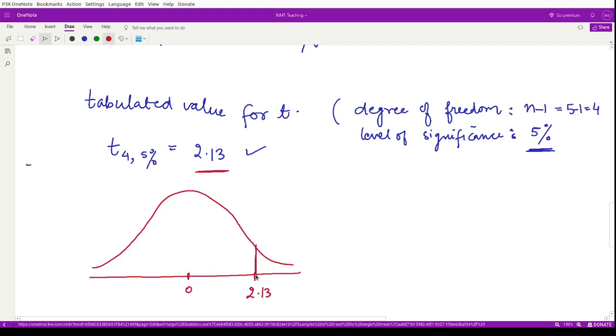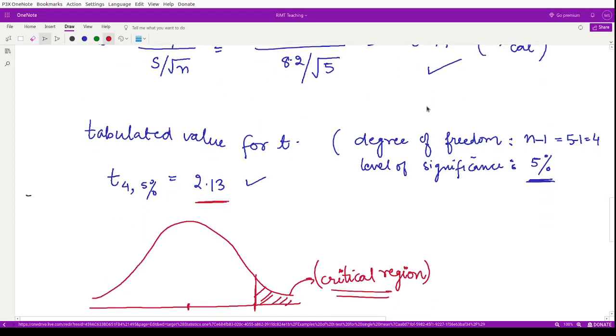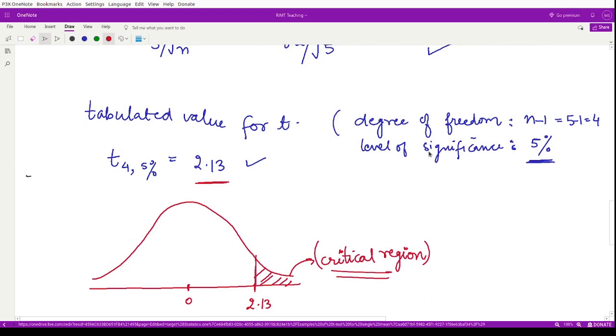According to this would be your critical region. Now we will check our value, minus 0.49.